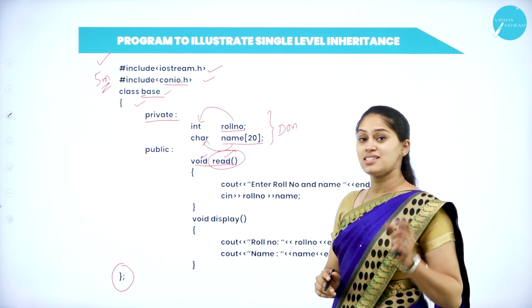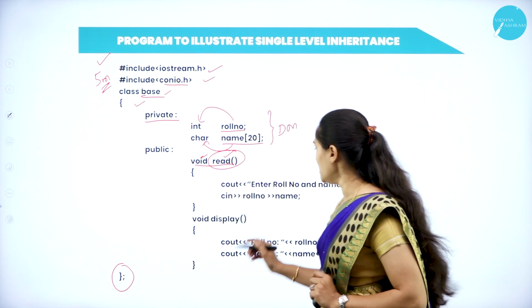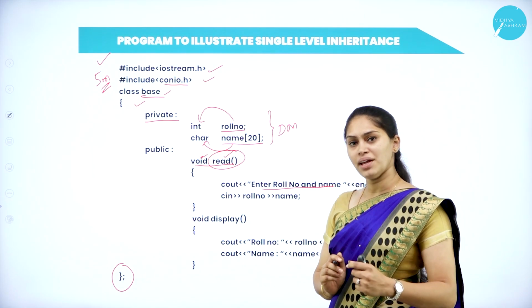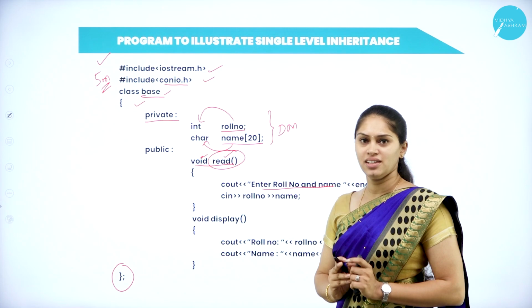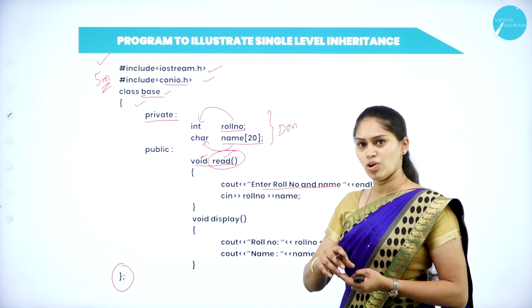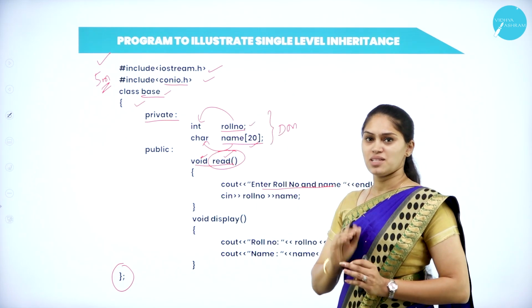What are the contents that I have in the read member function? Here I am taking the name and roll number of a student. Where will the values of roll number and name be stored? They will be stored in the variables called roll number and name respectively.